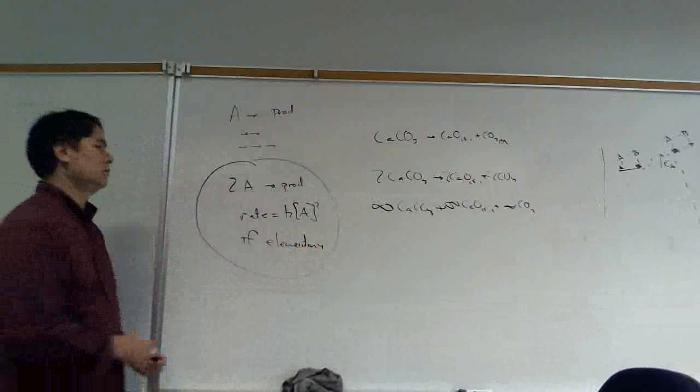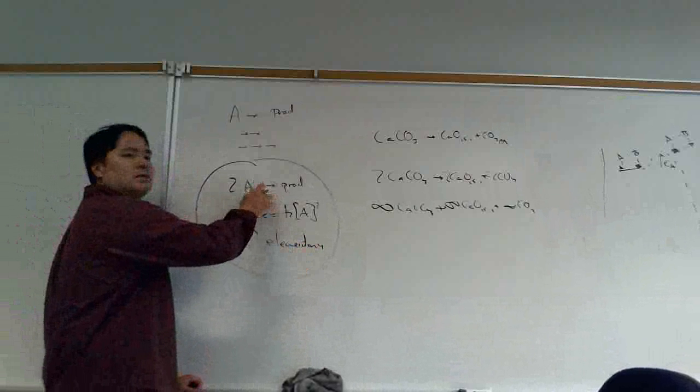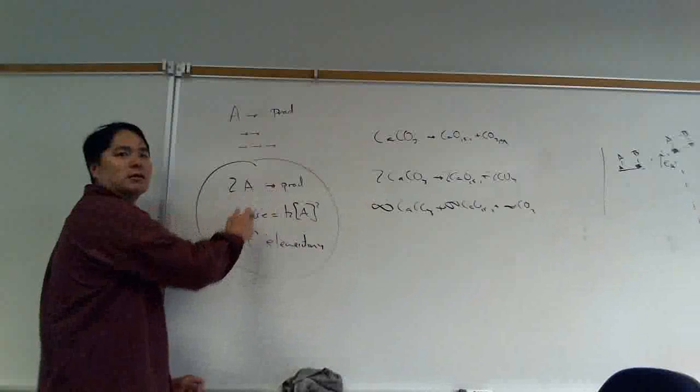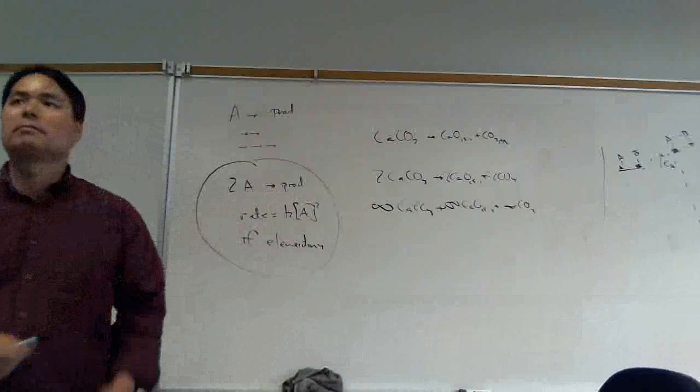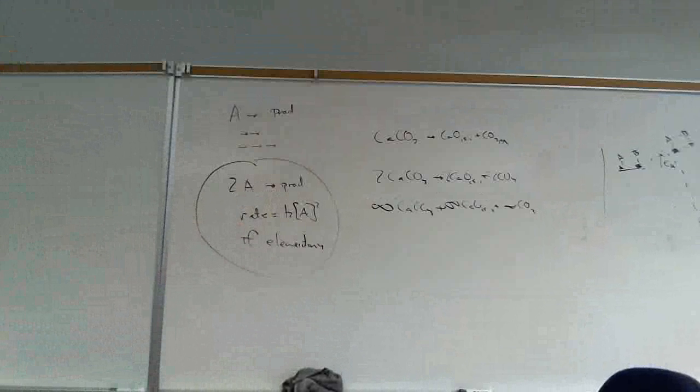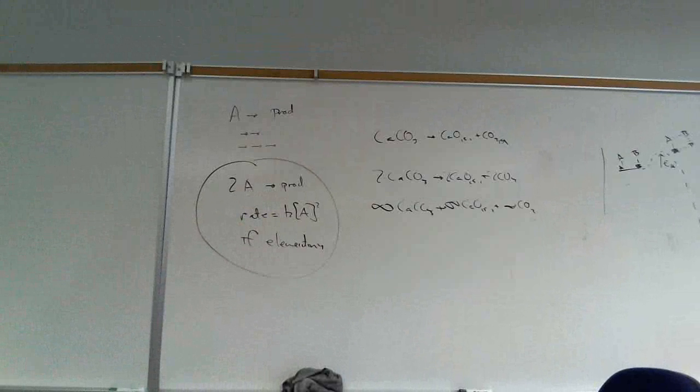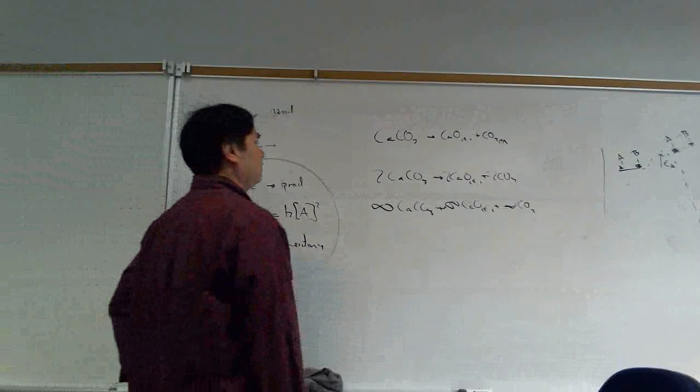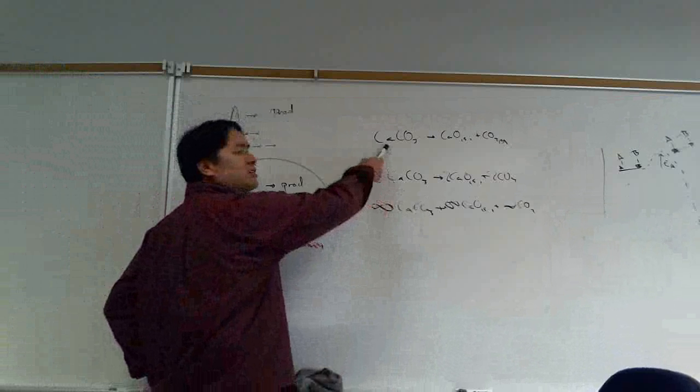Yeah, there are no intermediates. It's just one step, one single step, right? That's it. And then it's called an elementary step. And the rate law is easy. But how do you distinguish, you know, is this one elementary or is this one elementary step?